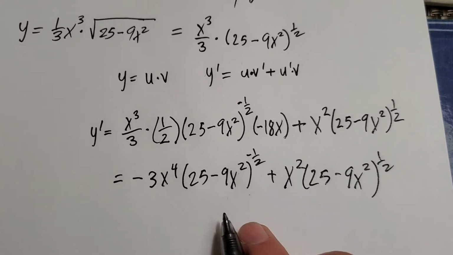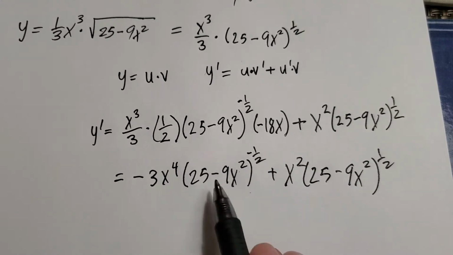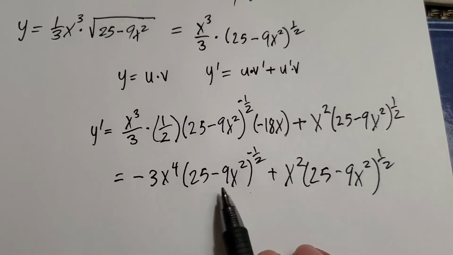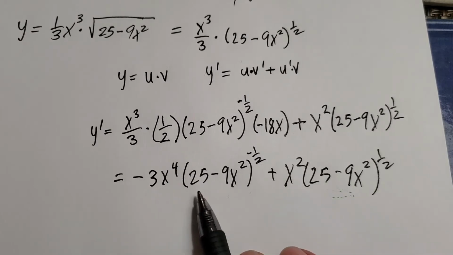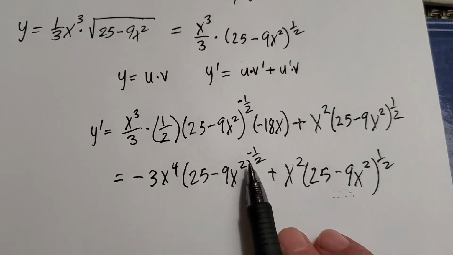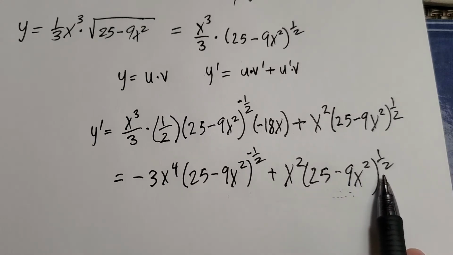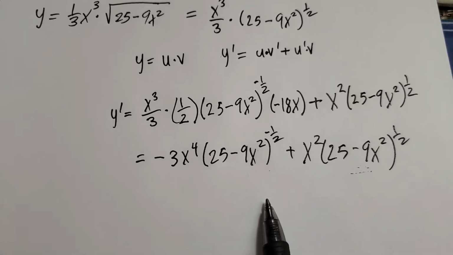So this is where I'm going to use my special technique for simplifying expressions that contain exponents with the same base, 25 minus 9x squared over here and 25 minus 9x squared over here, but where one has a negative exponent and the other has a positive. There's a way to drastically simplify these kinds of expressions.